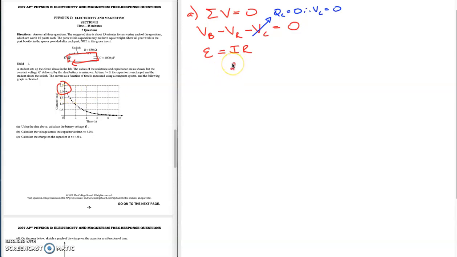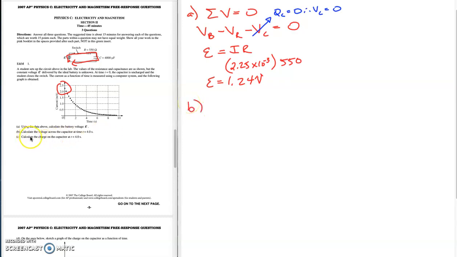So we're going to do 2.25, and it's in milliamps, so times 10 to the negative 3. And the resistance they give us is 550. So the battery voltage that we're going to get out of the data is 1.24. And don't forget volts, because this is a numerical answer.